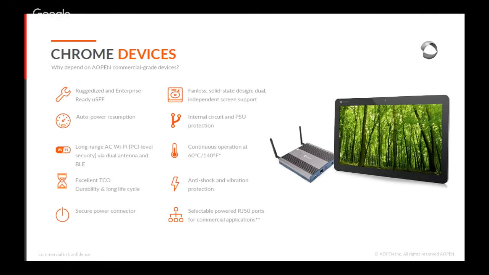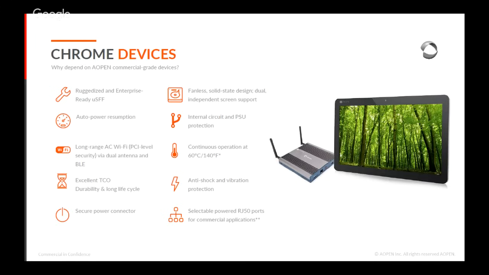So to talk a little bit more about the features involved with our commercial devices across all of them, obviously, as I mentioned, the ruggedized. Another super important commercial feature that you may not have considered is the auto power resumption. Consumer devices aren't designed to restart if there's a power blip.